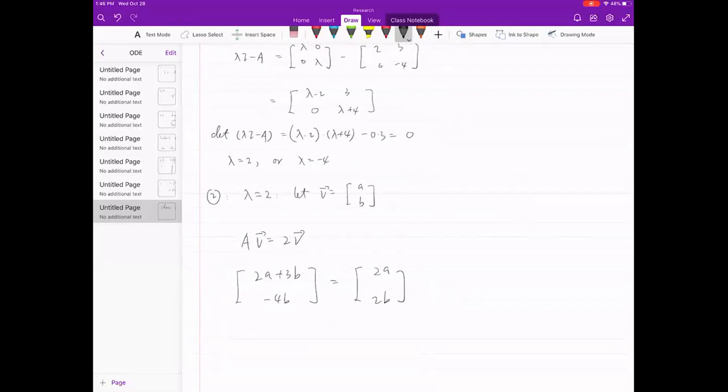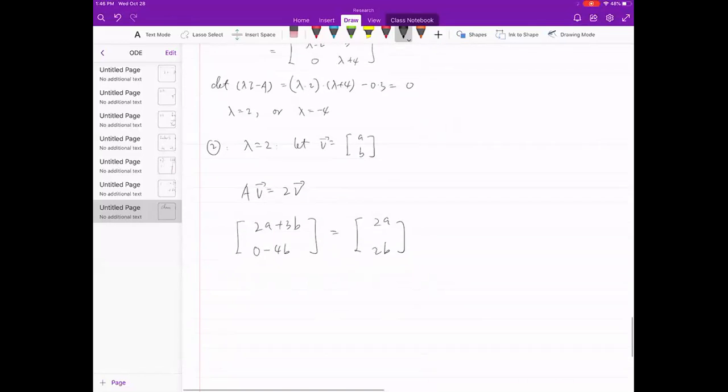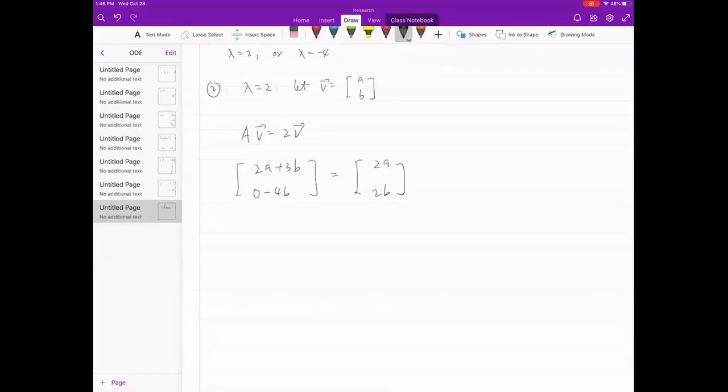This comes from the matrix on the left. On the right, you have 2V, which is your eigenvector. So what you can have is 3B equals 0, which implies B equals 0. Therefore, V equals (A, 0), and we know this is subject to a change of constant.